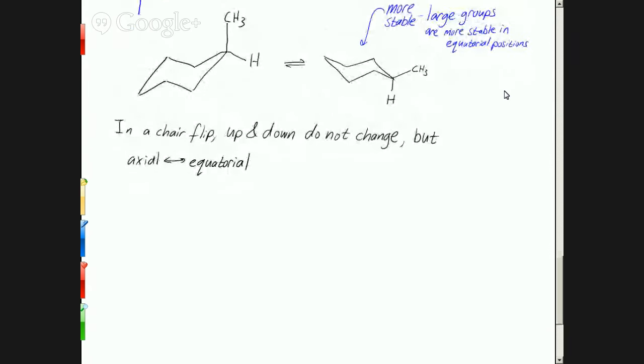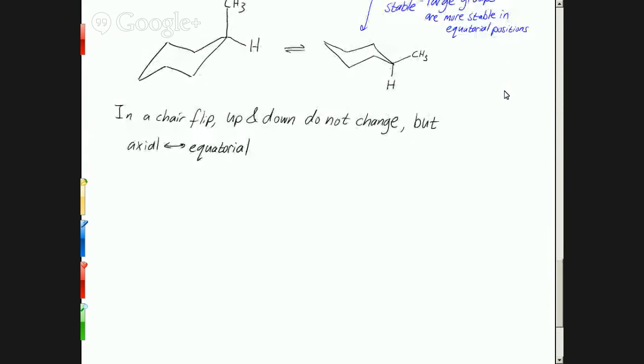So the last part of this then is how to convert from a flat structure or a regular line structure to a chair conformation, and make sure that everything stays in the right place. So let's say I want to look at something like this.